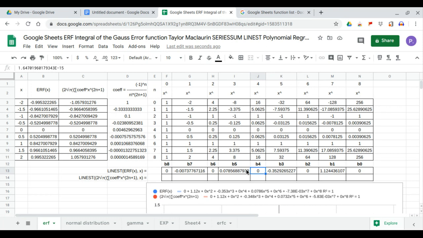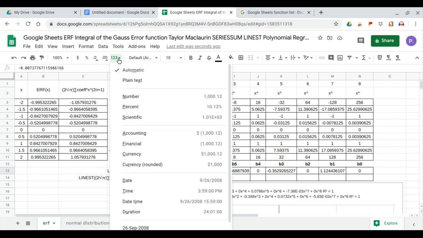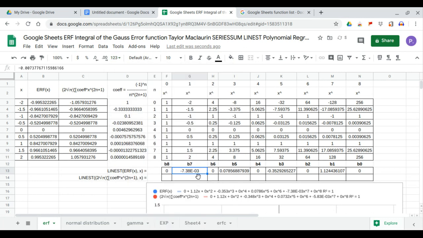B4 is 0, B5 is 0.078786. B6 is 0, and B7 is, this should be in the scientific form, that's 7.38 times 10 to the minus 3. So that's for the LINEST of the error function.